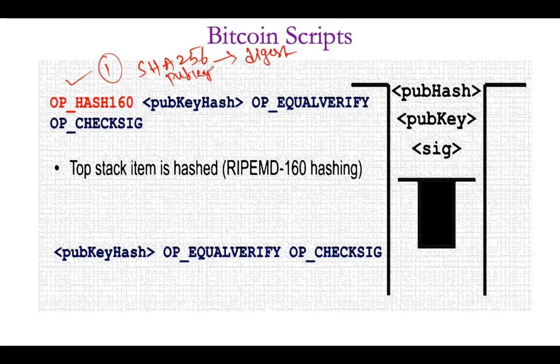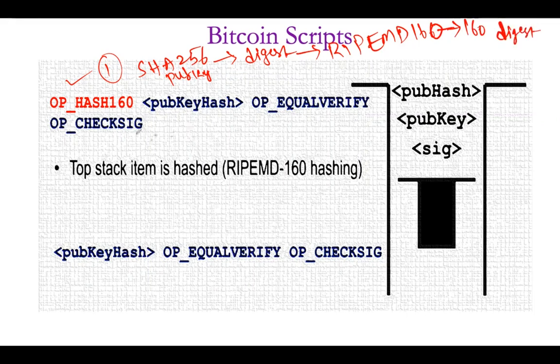That digest is again hashed by the RIPEMD-160 algorithm, so it will give a 160-bit length digest.